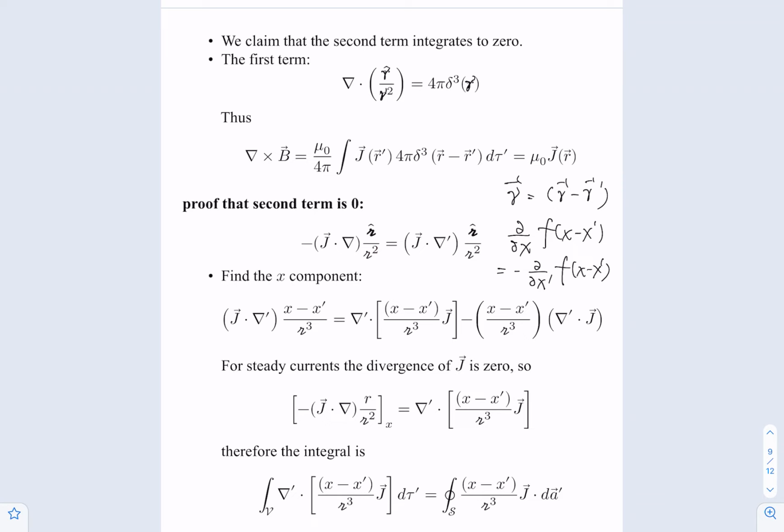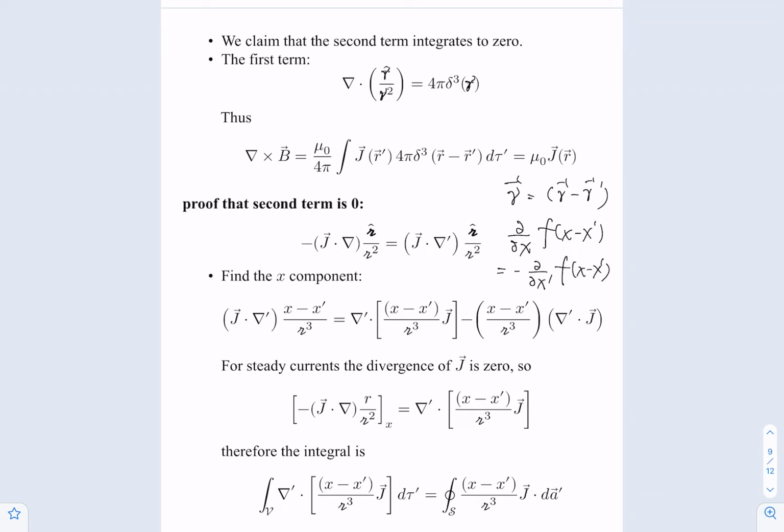Now evaluating this expression again, we can use integration by parts or the chain rule. We can first express this del prime on both sides, and minus the function, but apply this del prime onto the other vector.